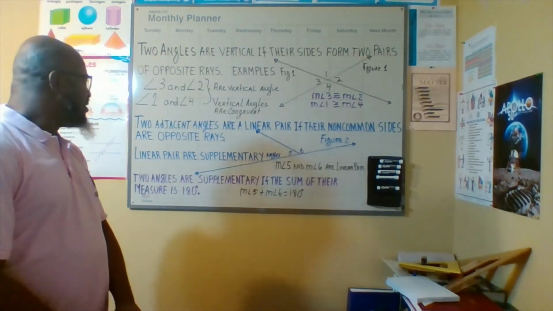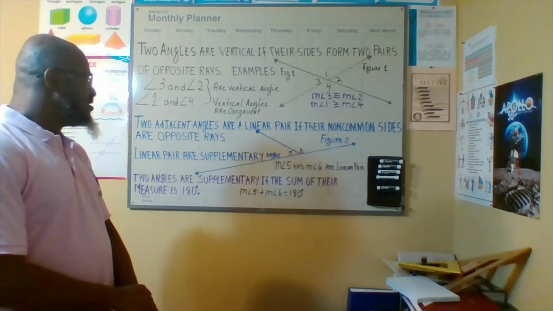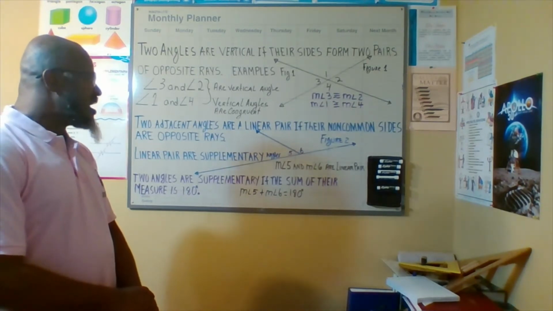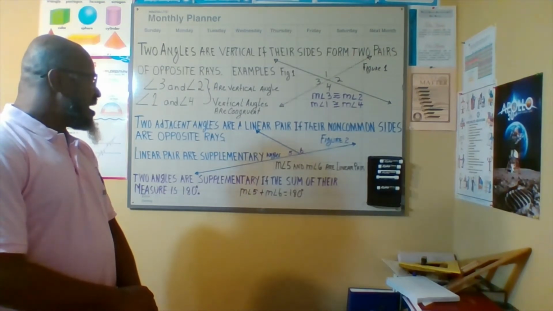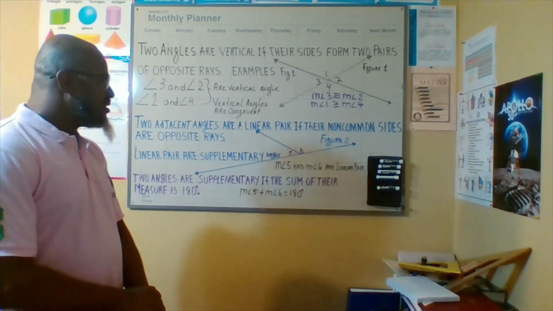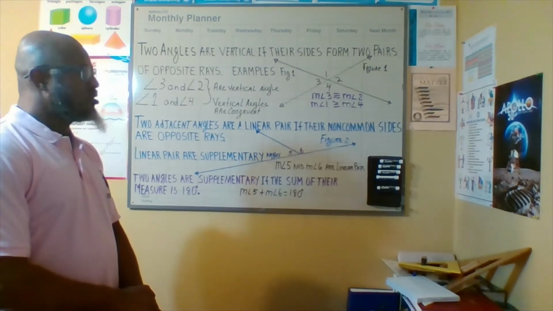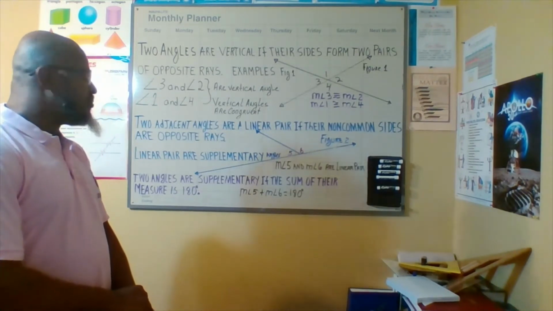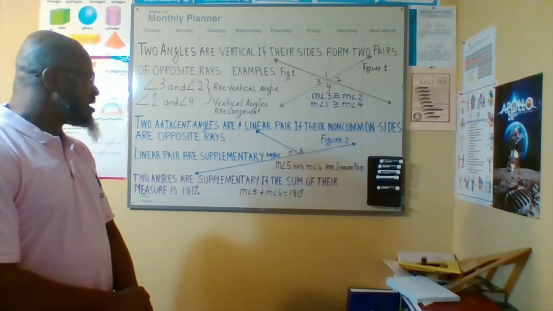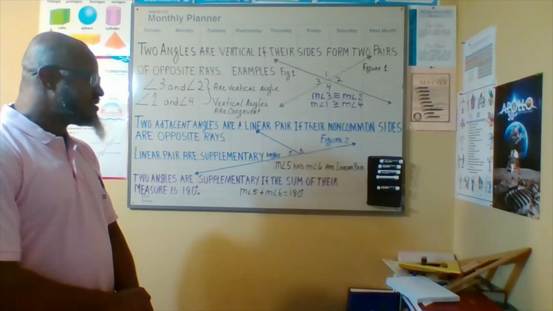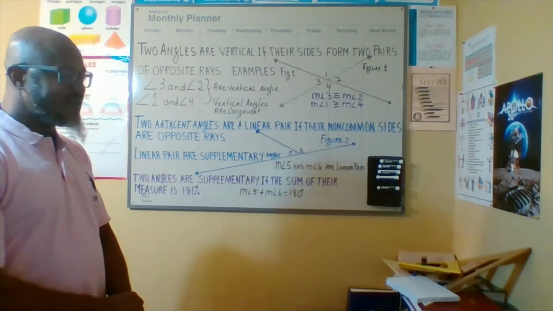For linear pair, the definition is: two adjacent angles are a linear pair if their non-common sides are opposite rays.